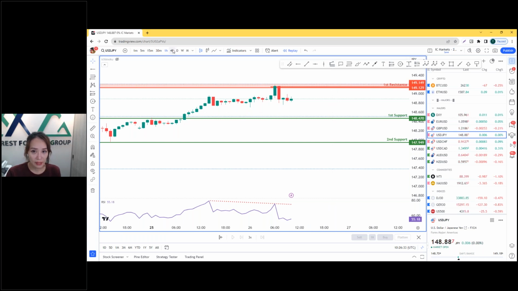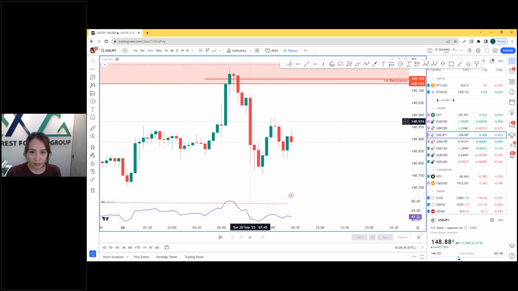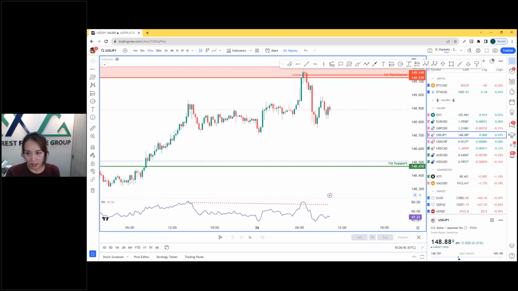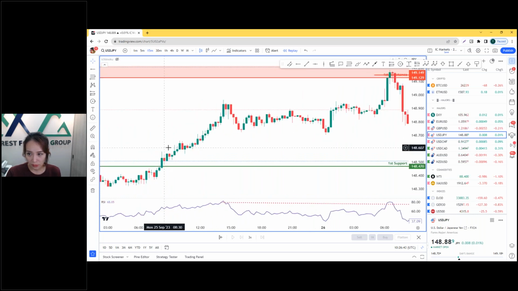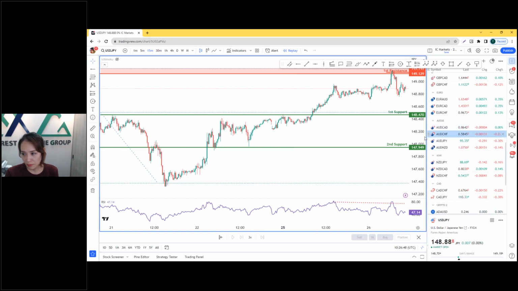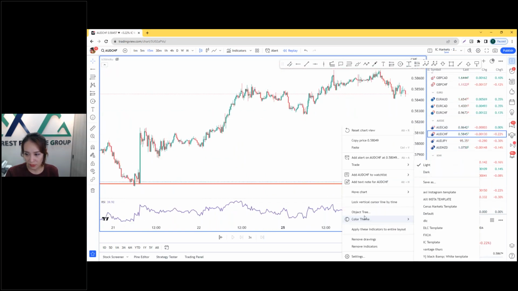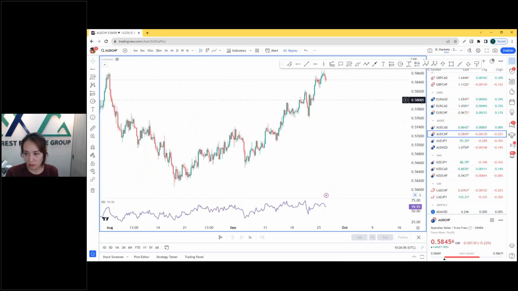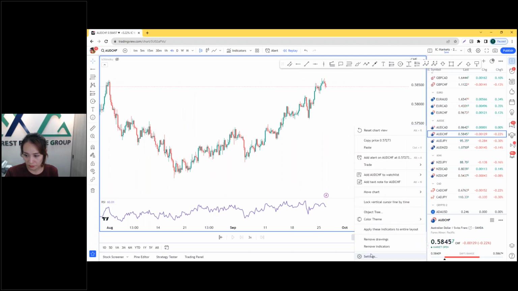Let's say you're a scalper and you only trade on M15. You can also draw support and resistance based on M15. Let me find another pair, and I will draw support and resistance in H4 for you to see.